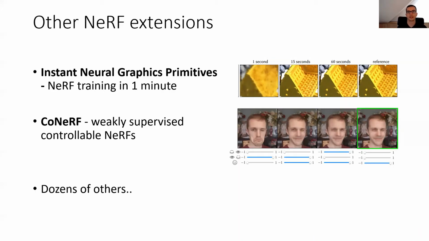And there are dozens of others. There are NeRFs that generalize to multiple scenes. There are NeRFs that allow for changing the illumination of the scene. There are NeRFs specifically designed for videos. It's literally hundreds of methods these days, and I invite you to really look for them.